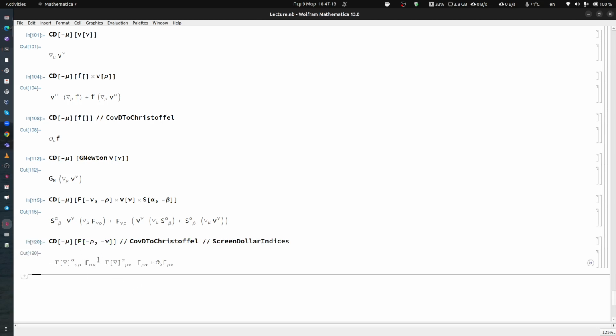And we have those two correction terms, one for each index. And if we have covariant indices, we have a similar expression like this one.